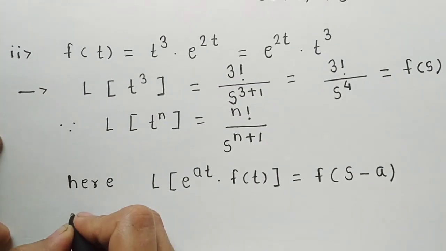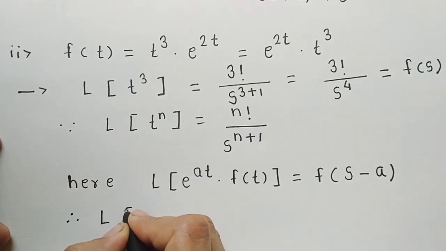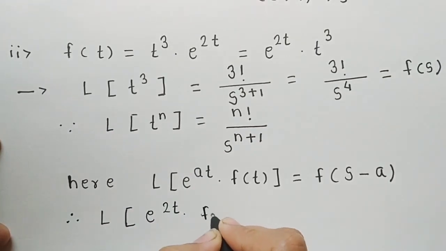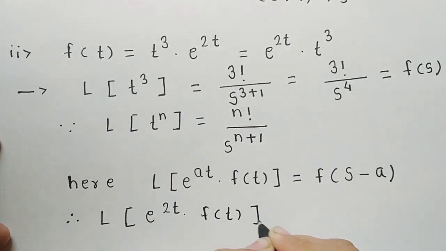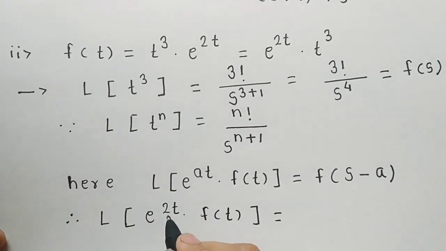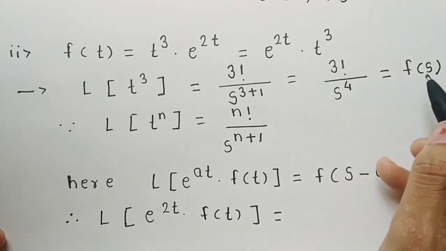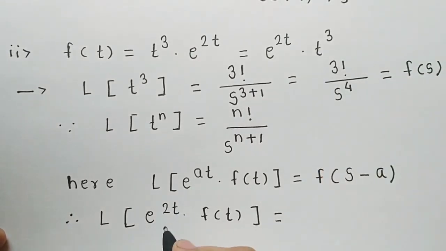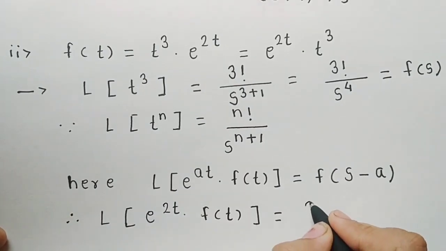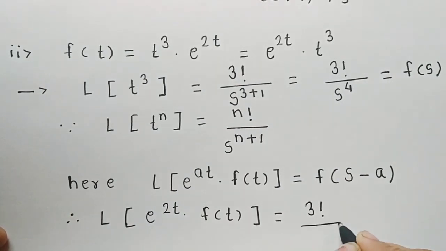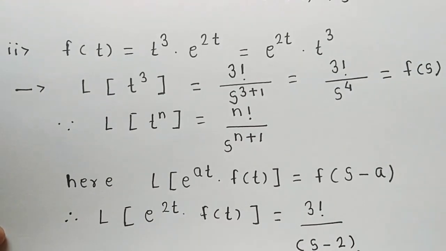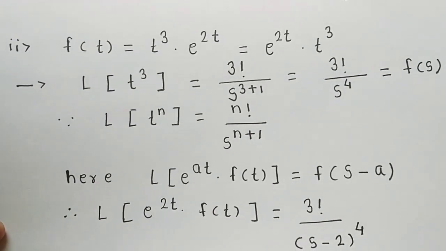By using this property, Laplace of e raised to 2t f of t equals, the value of a is 2 here. So replace in the answer the value of s by s minus 2. So here we get 3 factorial upon s minus 2 raised to 4.